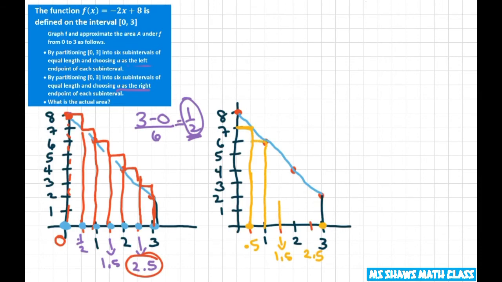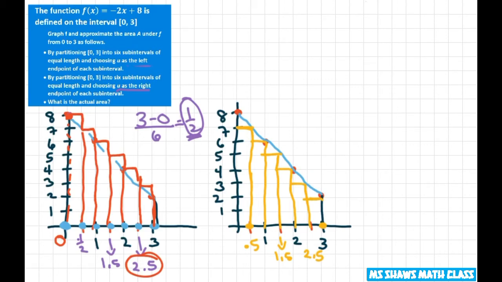At 1.5, go up. This goes to 5. And then draw up this way, and draw it up this way. And I think that's it. Did I get them all? So basically, that's the difference between the two. The first one is above the line a little bit, and for the second one, the rectangles are below the line.